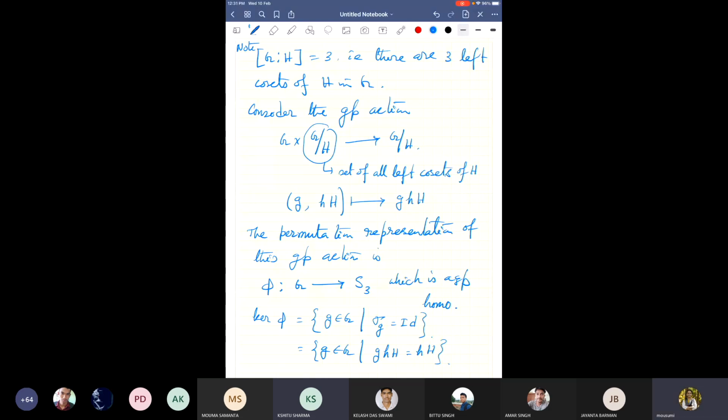No. In Cayley's theorem, I have considered a particular group action, where the set was itself the group. There was no difference between the set and the group. Yes, ma'am, it was left multiplication. But in general, if you recall the permutation representation of a group action, then where have I sent it?